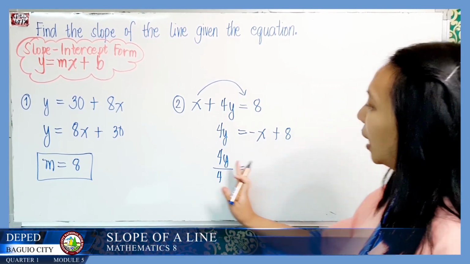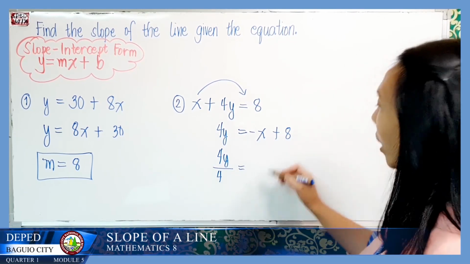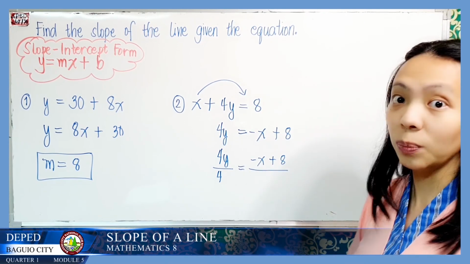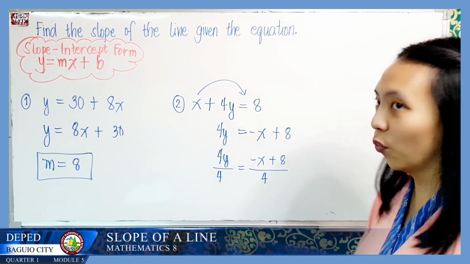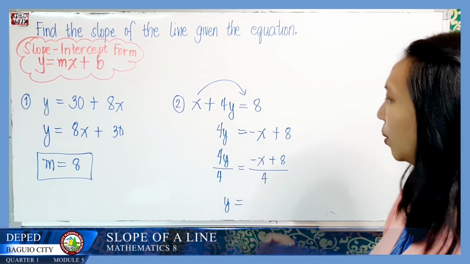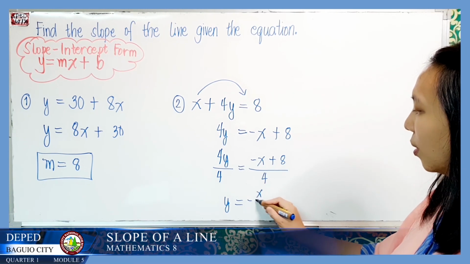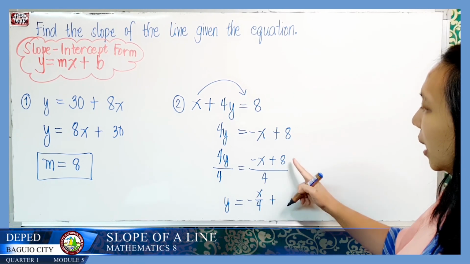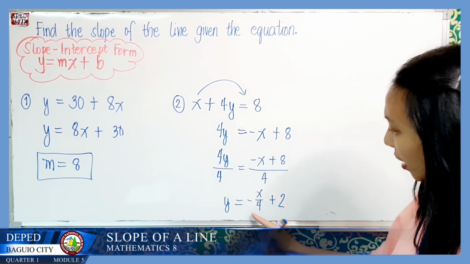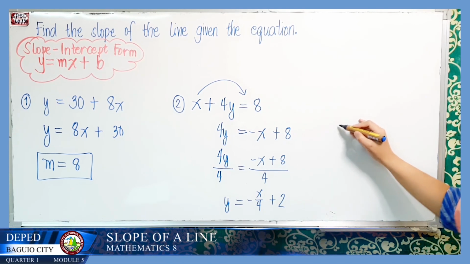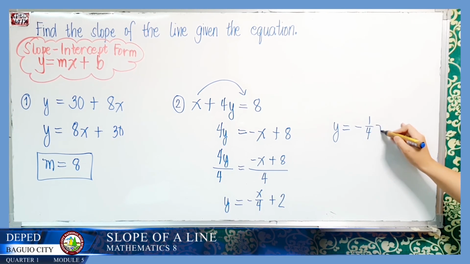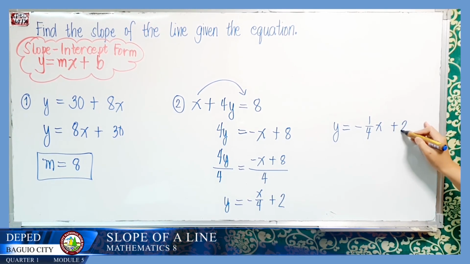Since we divided the left side of the equation by 4, we also do the same to the right side of the equation. Negative x plus 8 all over 4. Let's simplify that. Y is equal to negative x over 4 plus 8 divided by 4 is equal to 2. This could be written as y is equal to negative 1/4 x plus 2.